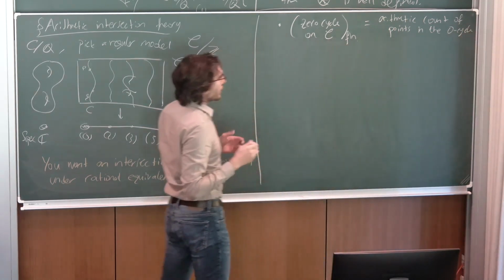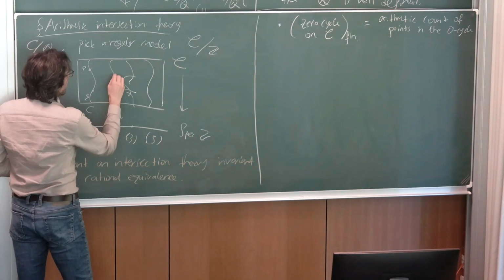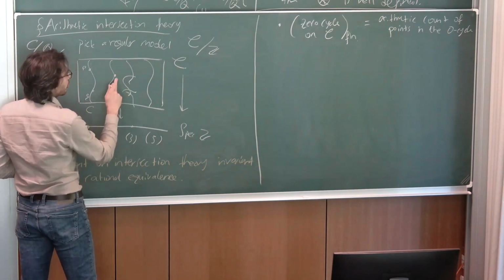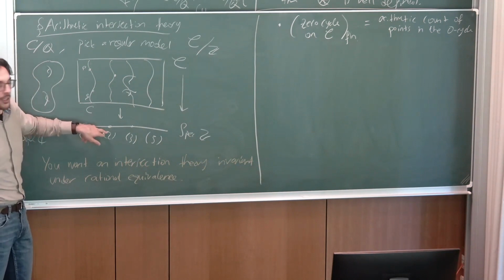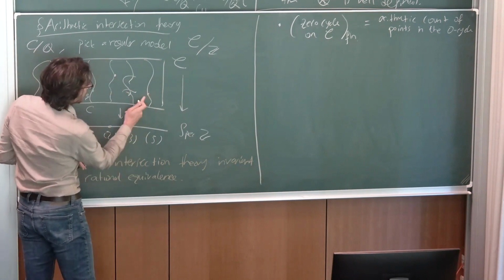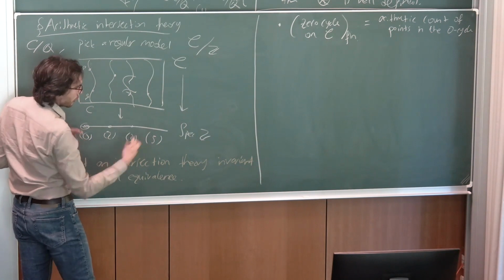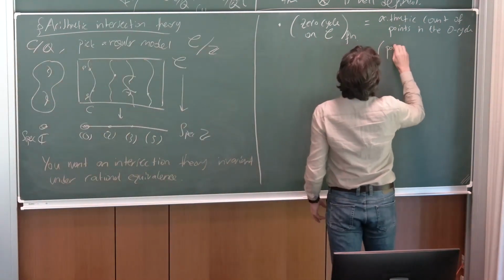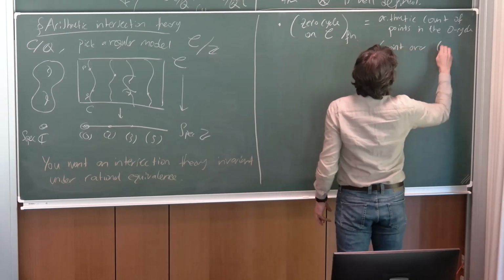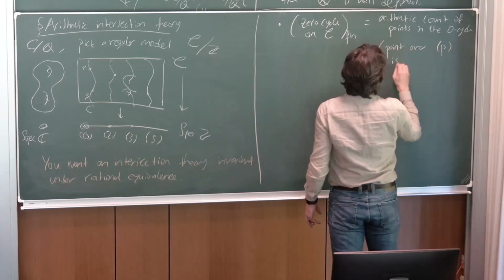So you would like to count the points, but if I have a point here, I'm not going to count it as 1, I'm going to count it as log 2. And if I had a point over here, I would not count it as 1, but I would count it with weight log 5. So let's say a point over p is counted with weight log p.